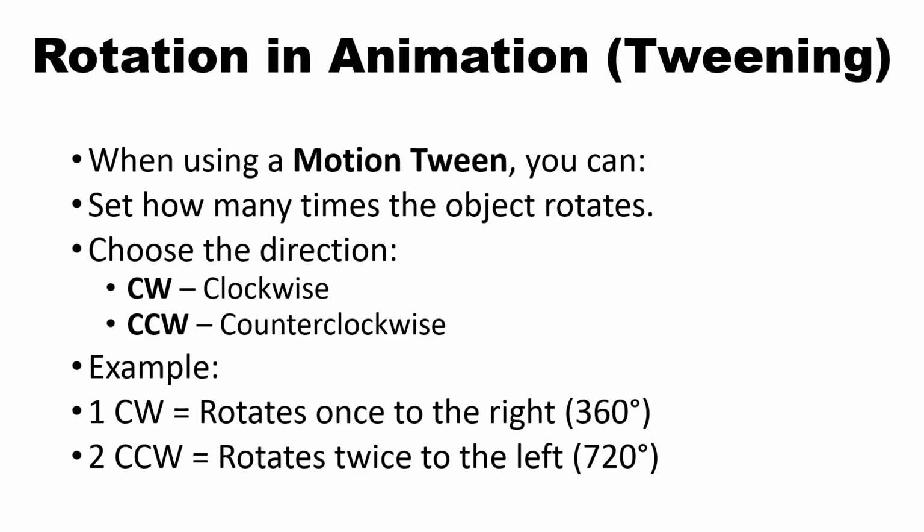When that is done, you're going to choose to rotate in a clockwise or counterclockwise direction. And again, the number of rotations can be increased, whether one or twice, depending on the number you are interested in. So basically, that is what rotation is all about.